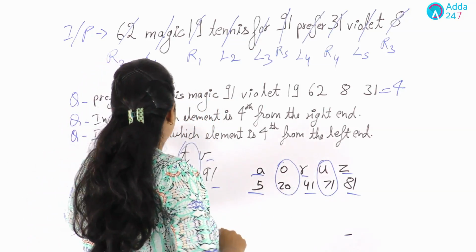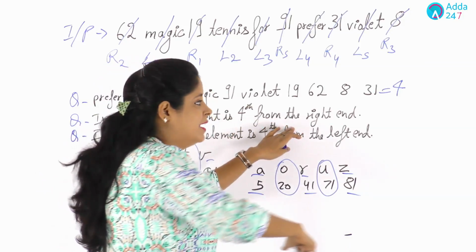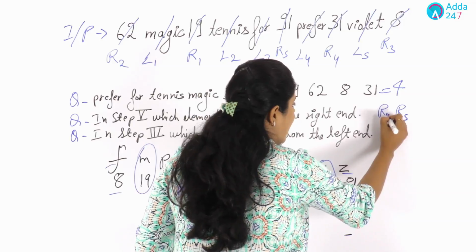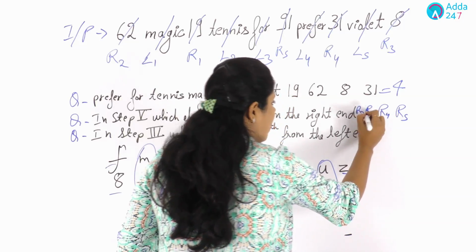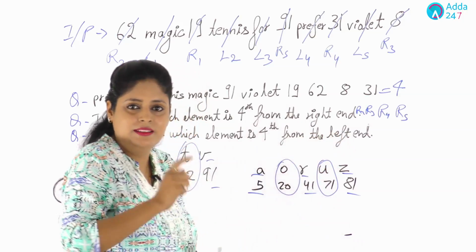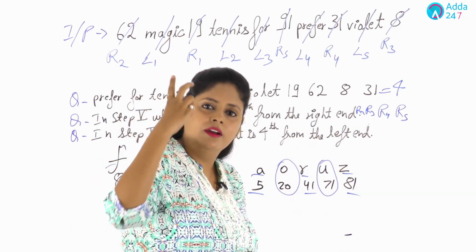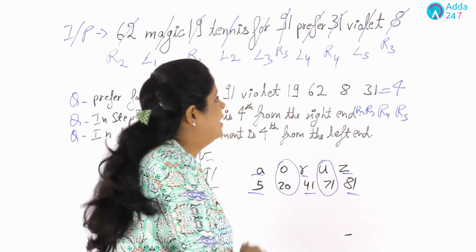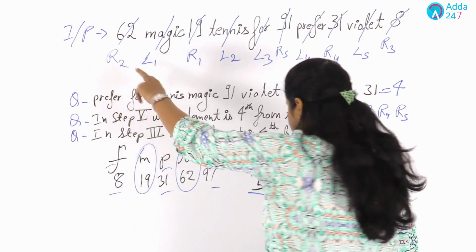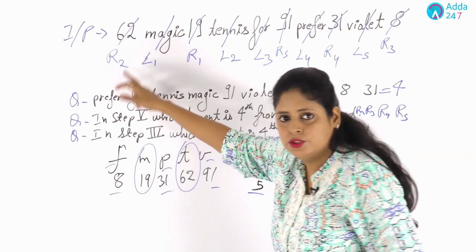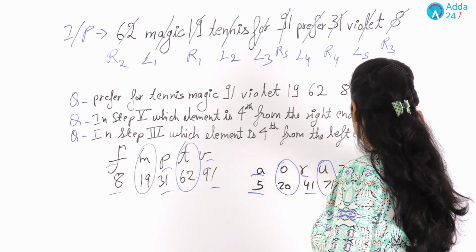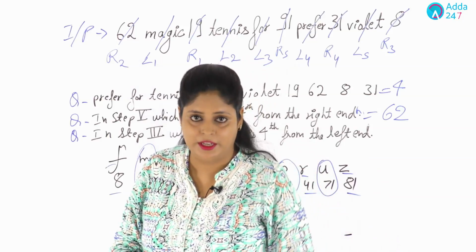Fourth from the right end means R5, R4, R3, R2. R2 is your answer. You can clearly see R2 is here, 62. So the answer to this question is 62. I hope it is clear.